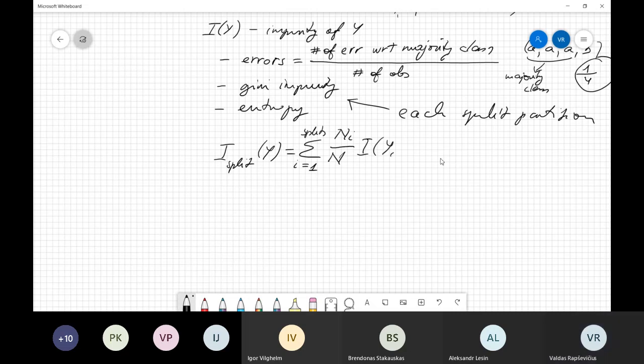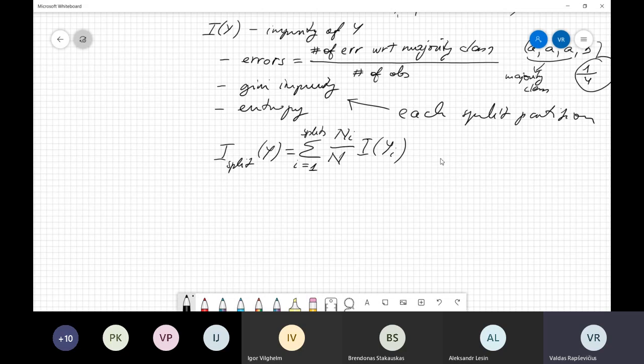So basically, if we split the data into two chunks, we calculate impurity for one and calculate impurity for the other, and then we normalize it by the number of observations that fall into one part and the other.